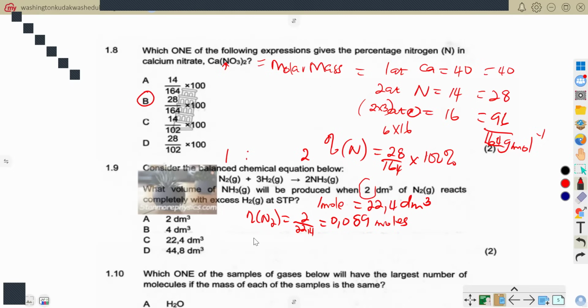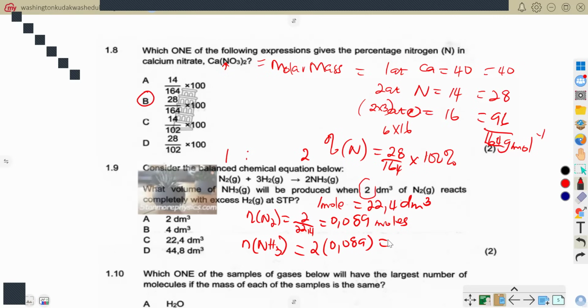Let's now look at the number of moles for ammonia. Because we know the mole ratio between nitrogen and ammonia is 1 mole of nitrogen to 2 moles of ammonia. So to find the number of moles of ammonia, we need to multiply the number of moles of nitrogen, so that would be 2 times 0.089.